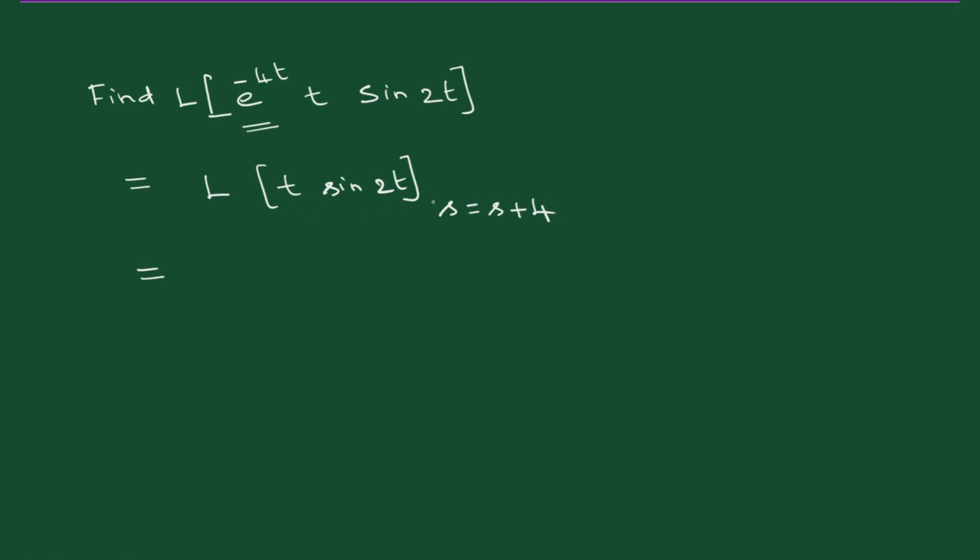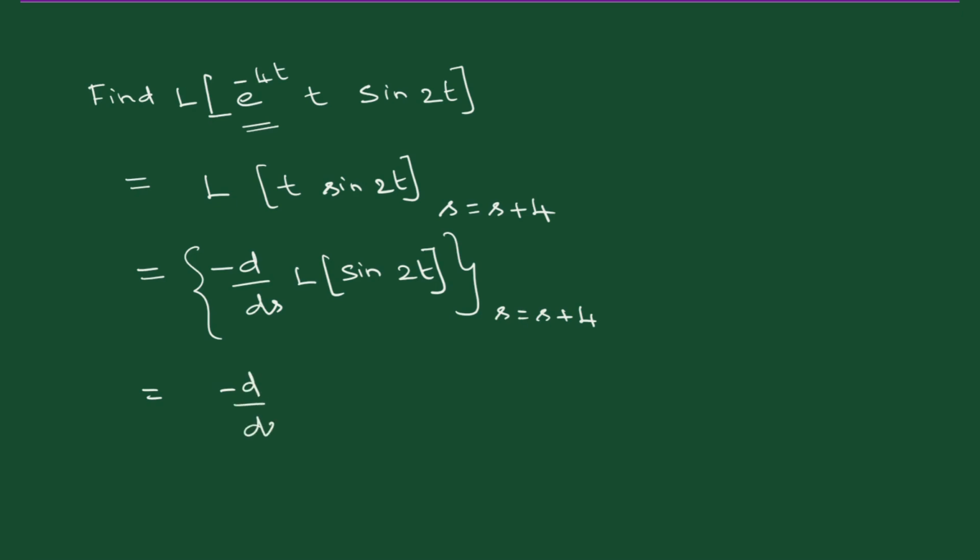Next, again for this term, multiplication of t property is minus d by ds of L of sin 2t, where s should be replaced as s plus 4 in the whole thing. So now we know that L of sin 2t is nothing but 2 divided by s square plus 4, which after differentiating this, finally we have to substitute s by s plus 4.